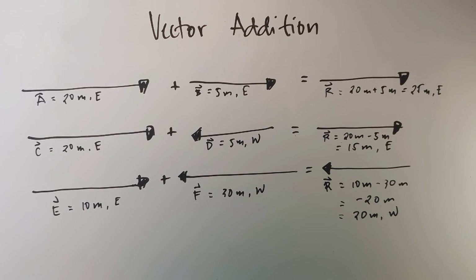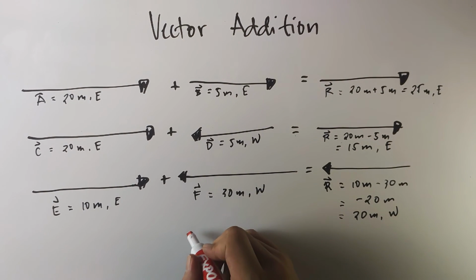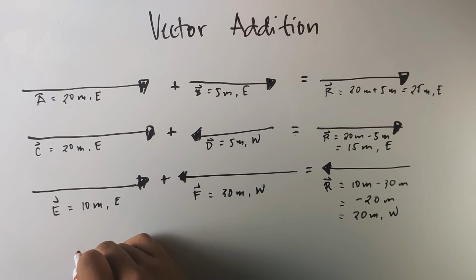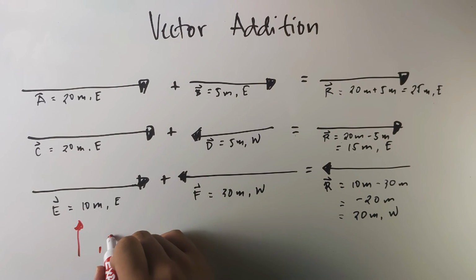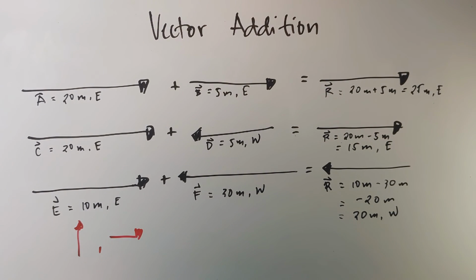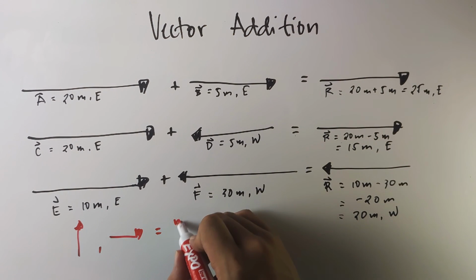Take note of the cardinal directions. If you're going to the north and going to the east, the magnitude is positive.